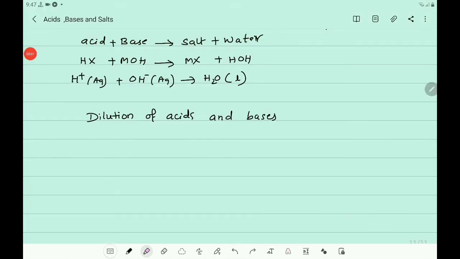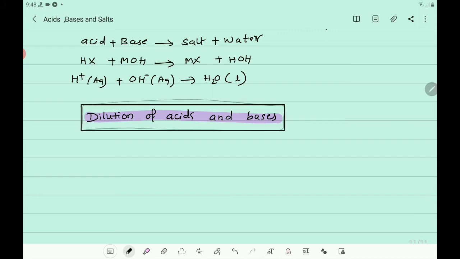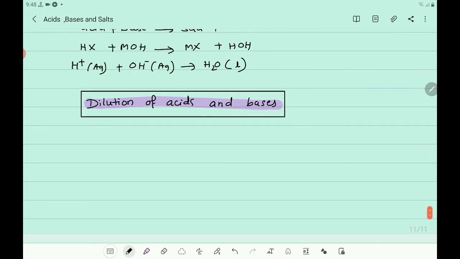Now let us write about dilution of acids and bases. Now what is dilution of acids and bases? Mixing an acid or base with water results in decreasing concentration of ions.